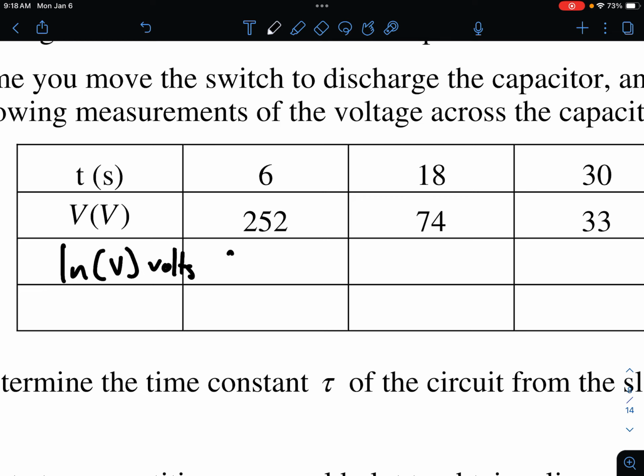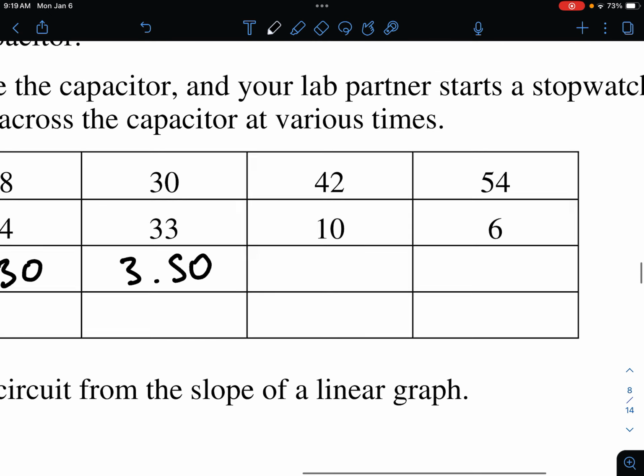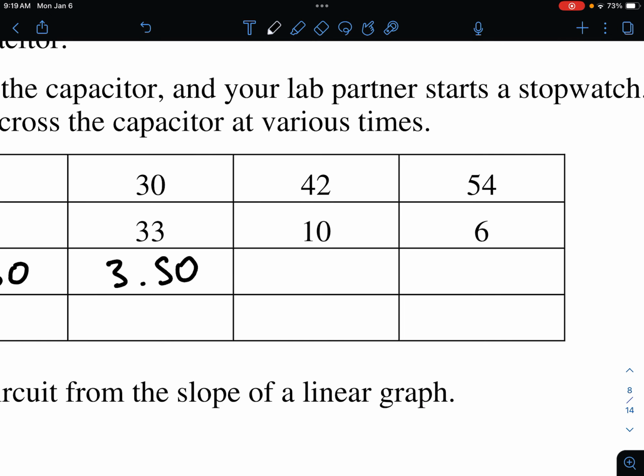ln 252, 5.53. ln 74, 4.304. Or I'll just do 4.30, why not? ln 33, 3.50. Let's do that, 50, because it's 496. ln 10, that would be 2.3.